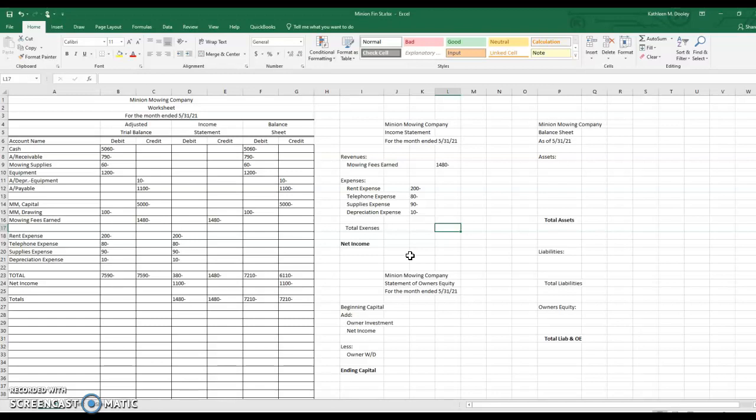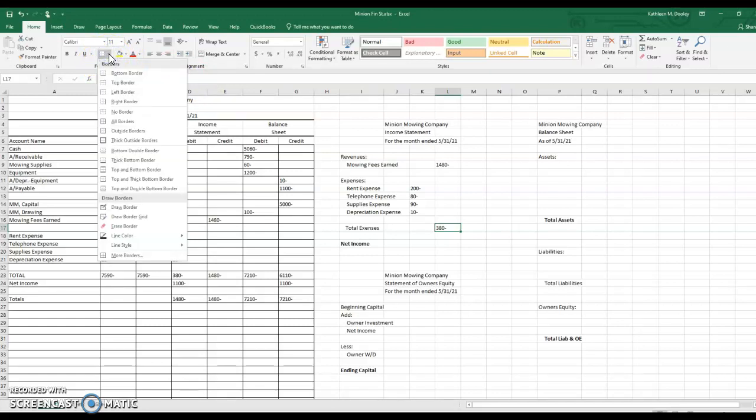So I add those up, and they total up to 380. Okay, I want to underline that, so you can go into this little symbol here, which shows borders. And we're going to have a bottom border.